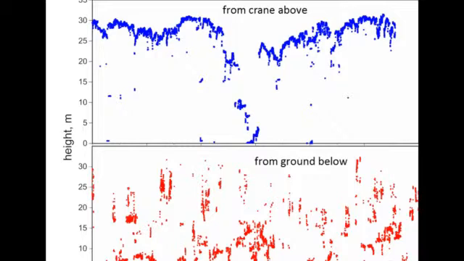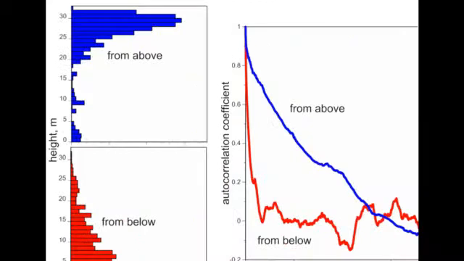Whereas from below, you see there are targets that are spread throughout the entire volume of the canopy. Arguably, more random. But anyway, the point is that they're quite different. The approaches that you use from above cannot necessarily be used from below, and vice versa.